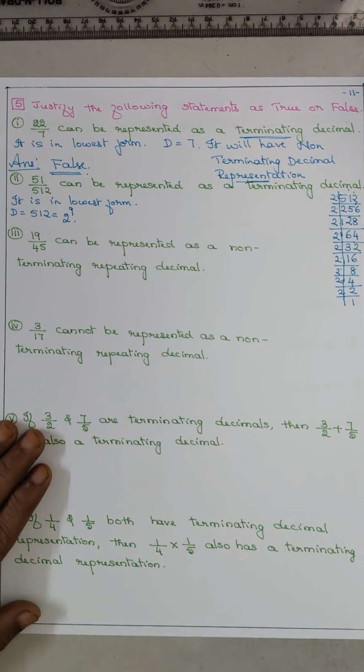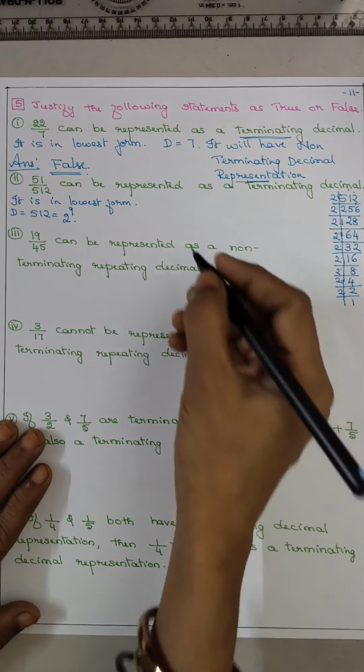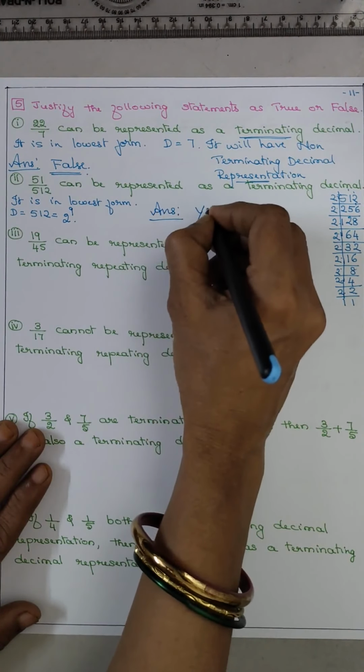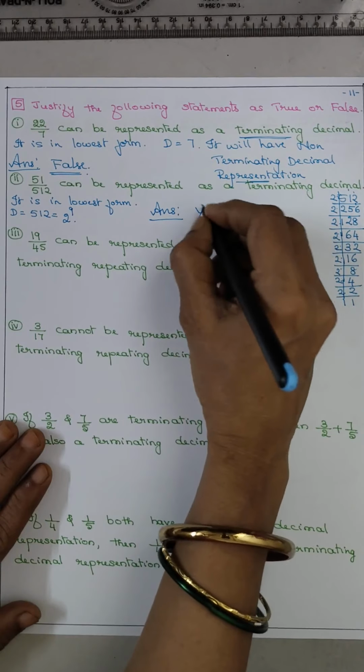It has got only 2, 9 times. That means is it terminating? Yes. So the answer is yes, it is true.